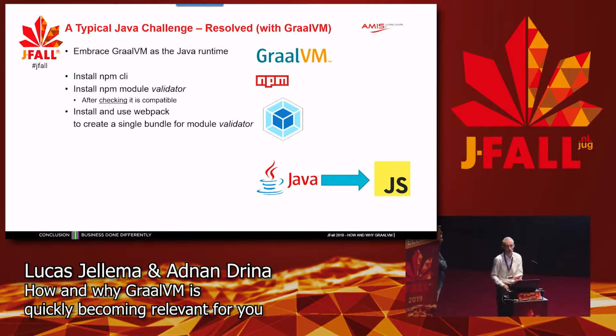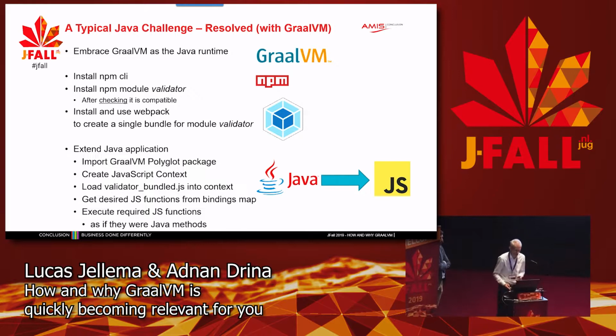That's an important step, because Java and even Graal running Java currently does not understand the npm module structure. There are solutions, this is one of the solutions. And then I can embrace in my Java application this particular piece of JavaScript code without actually touching it. I'm just loading it and making use of it.